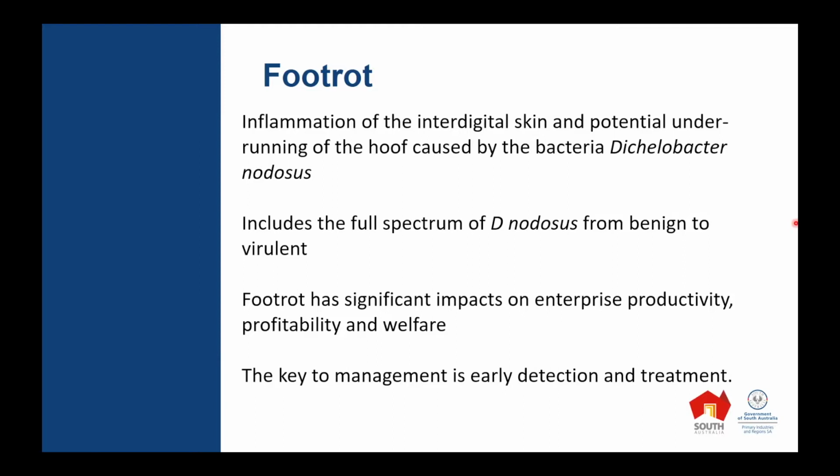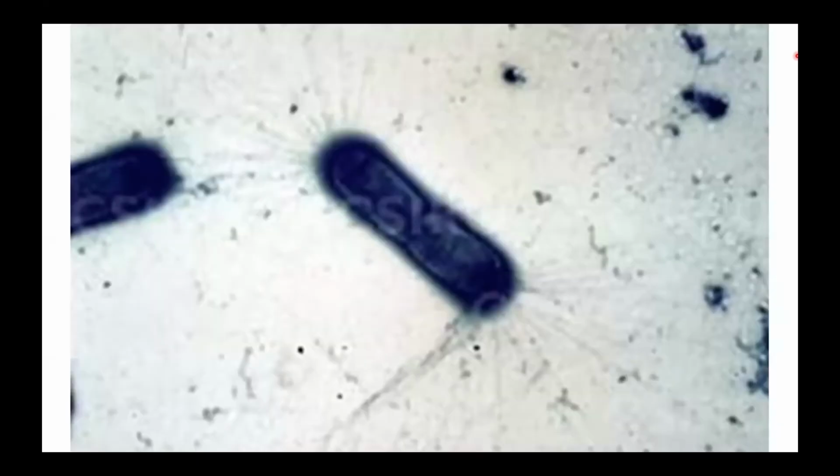When it gets established in a flock, it causes the hooves to grow in a misshapen way, thus making itself a lovely habitat to live in right through dry periods and reinfect again through the spring. So picking it up early is the most advantageous way of getting rid of it and ensuring it doesn't establish itself in your flock. This is an electron microscope slide of D. nodosus, the foot rot bacteria.